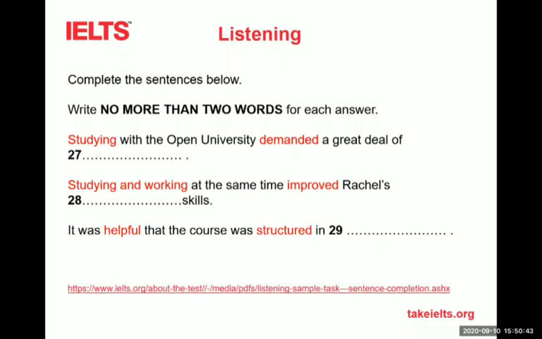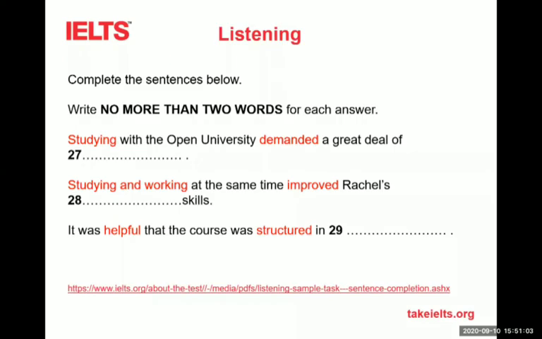So here are the keywords that I've highlighted just to save you some time. One of the things you can do is try to think of different parts of speech of the keywords, perhaps study, perhaps demanding, as well as thinking of synonyms and similar words. Then you can look at the gaps and try to anticipate the type of word that you need, which part of speech.